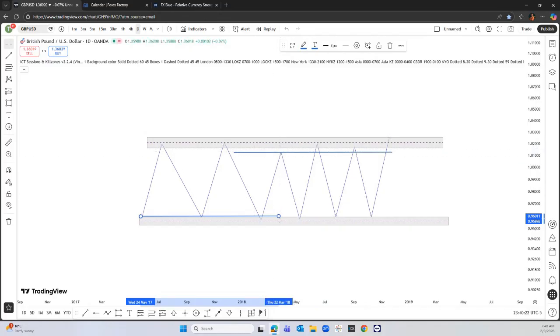Okay, and that basically creates predictability, right? And predictability creates liquidity. So what happens when thousands of traders place their stops at that particular point, this particular level here? They place their stops there as they were taught.